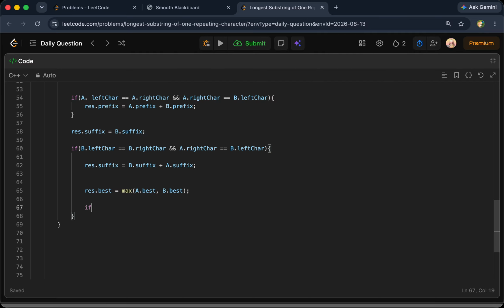How can we handle this? If a.right character is equal to b.left character, res.best is equal to max of res.best and a.suffix plus b.prefix.